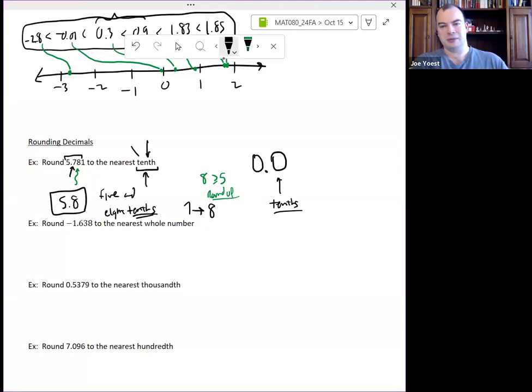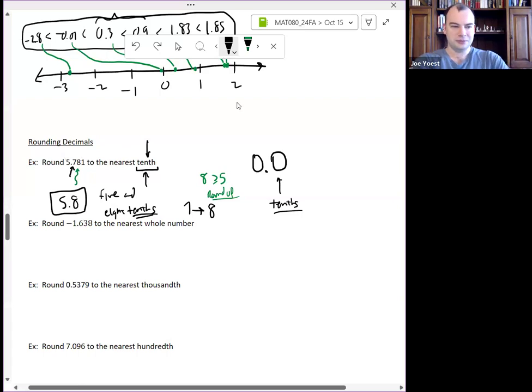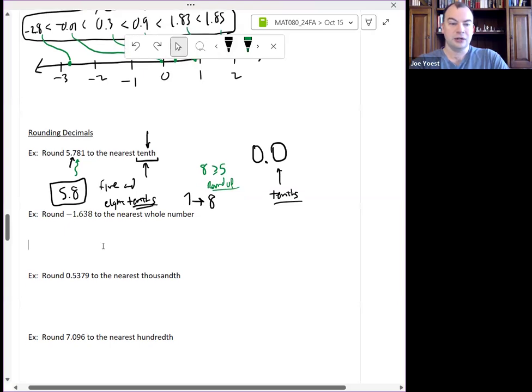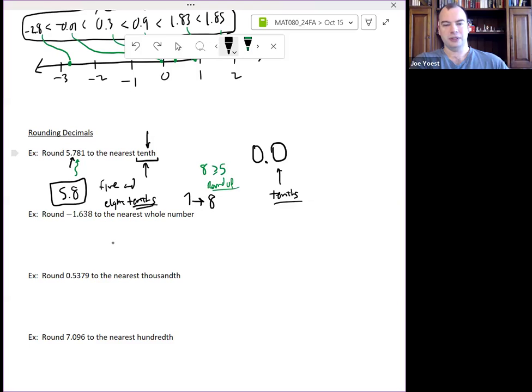But the place that I'm naming is not the place that I was supposed to round to. Correct. So when we round, we only are concerned with the place of interest and one place to the right.